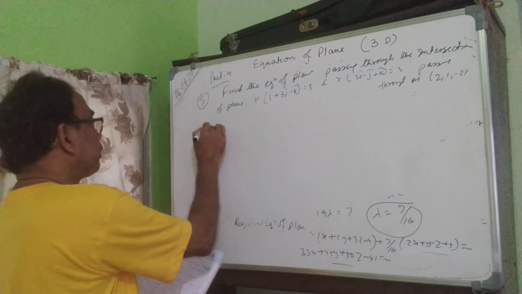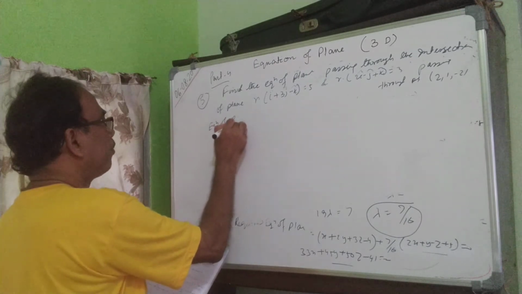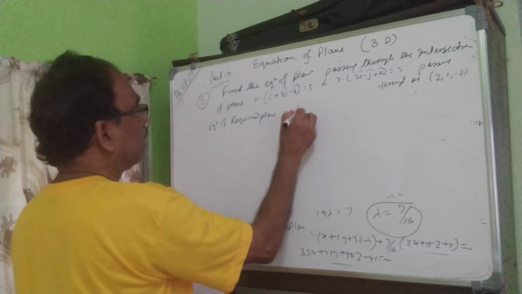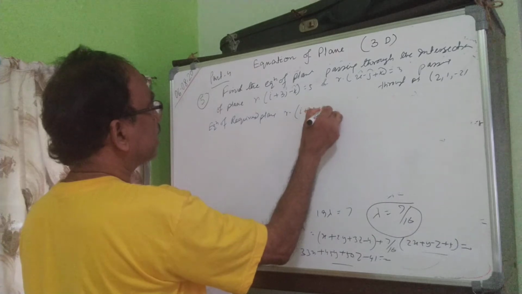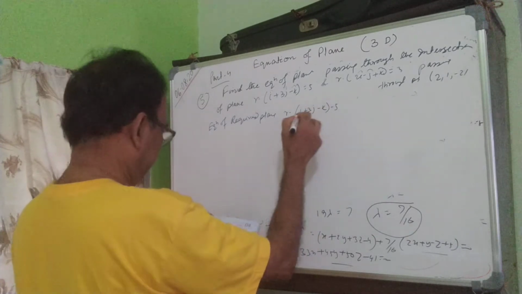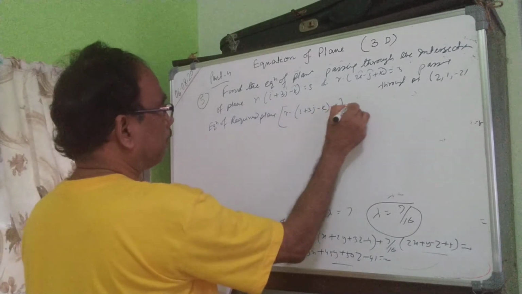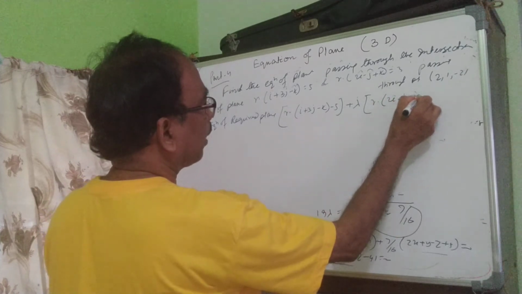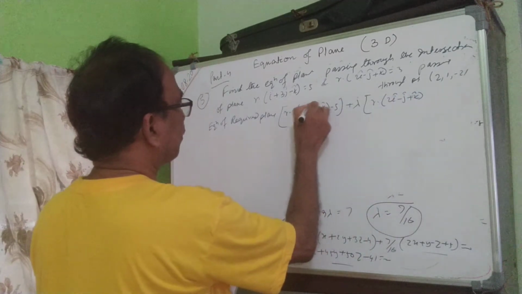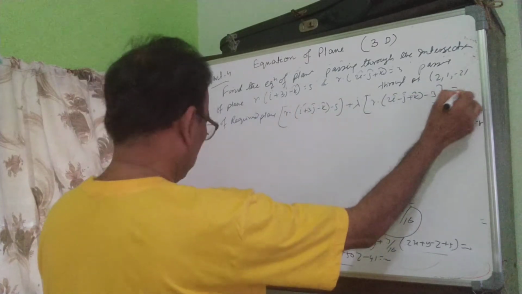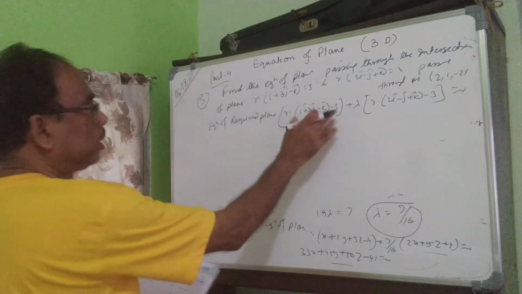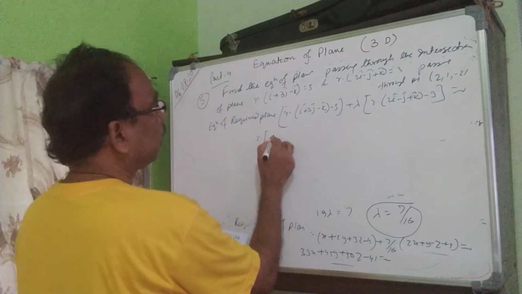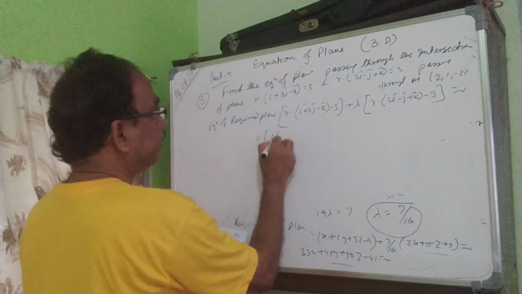The equation of the required plane is r dot (i plus 3j minus k) minus 5 plus lambda times (r dot (2i minus j plus k) minus 3) equals 0. That is, r dot this plus lambda times this is the joint equation of the plane.